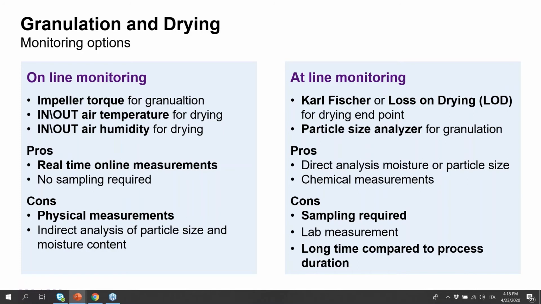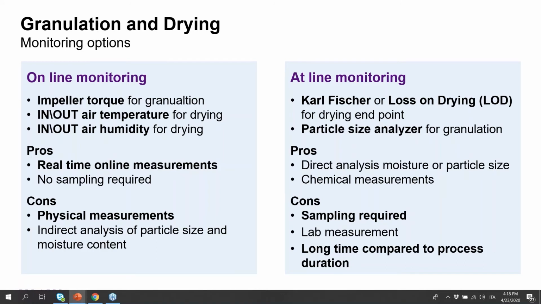But as you can see, these are real-time measurements, correct? So there is no sampling required, but they are physical measurements. They are not direct measurements of our chemical entity.